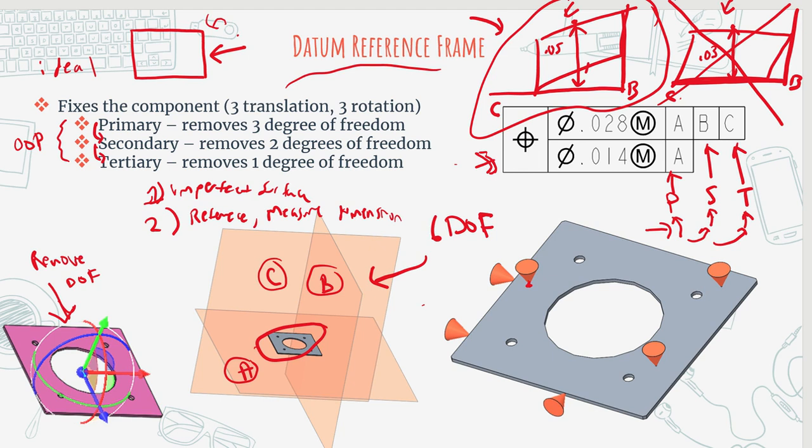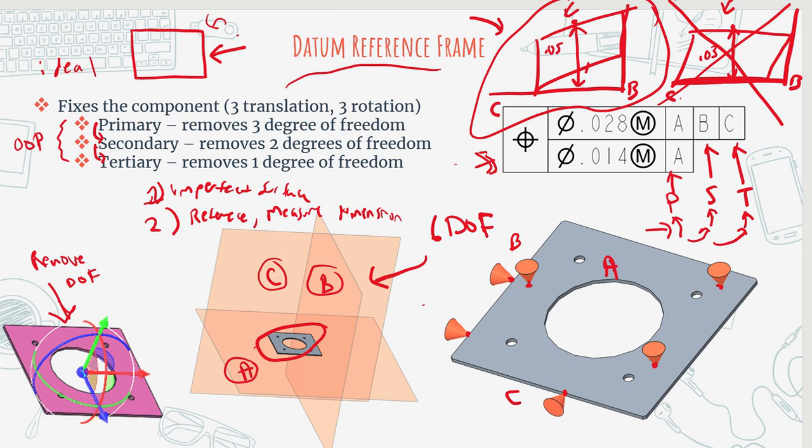So to illustrate that, we have this picture here. Your first 3 points that you define on a parallel surface, well, that effectively becomes your datum A. Your next 2 points on a surface that is perpendicular to datum A, those 2 points will define your datum B. And then finally, on the last point that you define, that point has to be perpendicular to A and B, but you only need to define 1 point, and that's going to be your datum C. So, that's always something that I found a little surprising, but if you think about it, it makes sense.